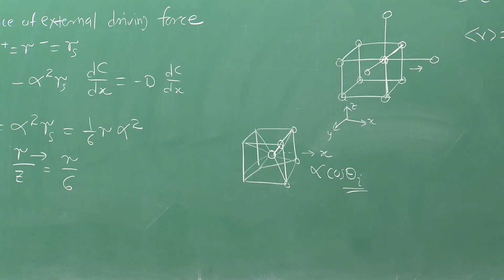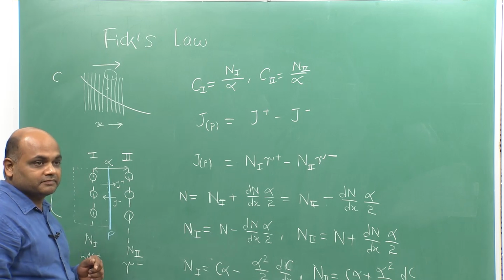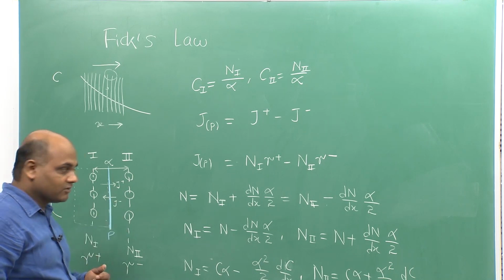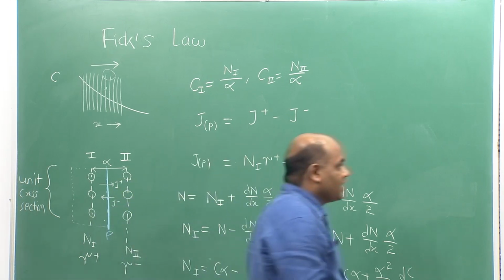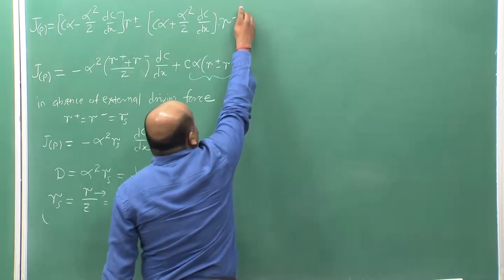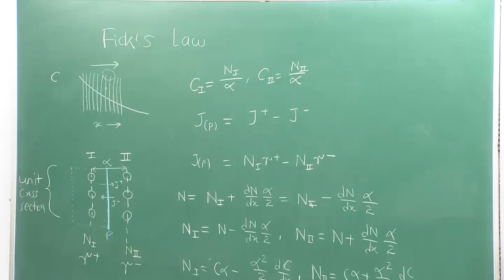Okay. So, now we need to modify this a little bit. Instead of alpha, the interatomic spacing for the jump I would be alpha cos theta I. So, we need to replace these terms.